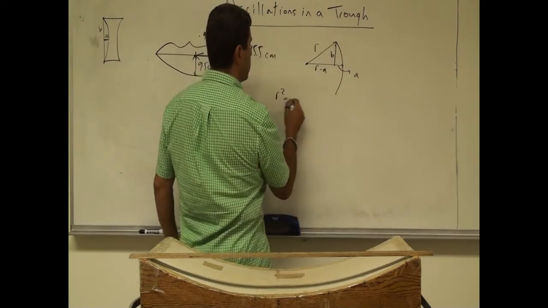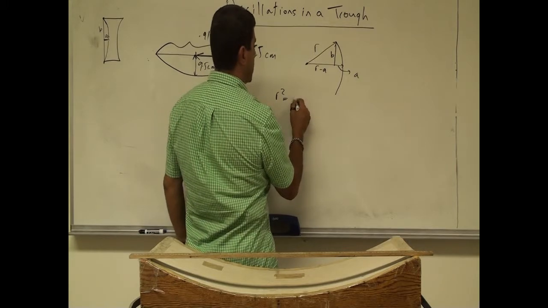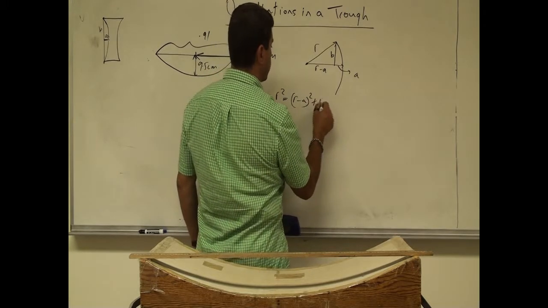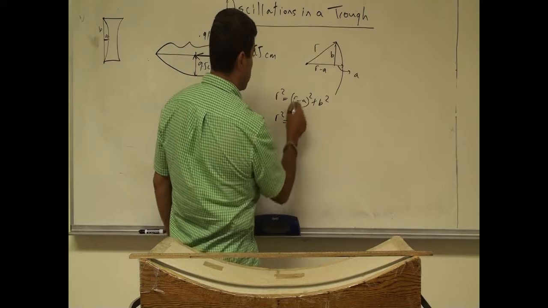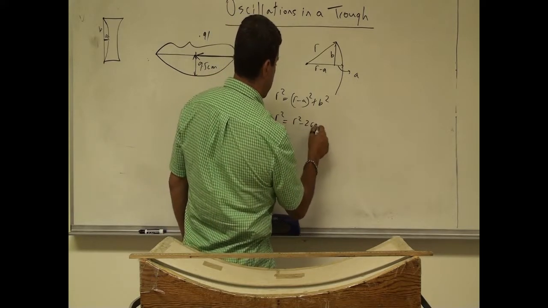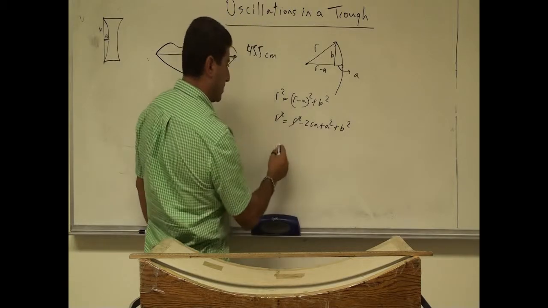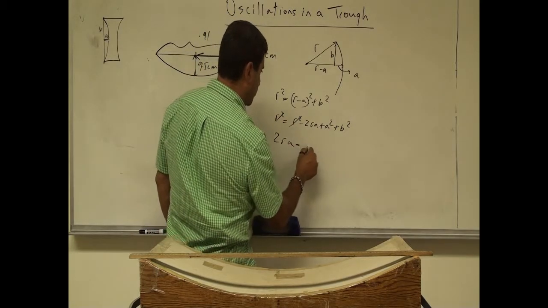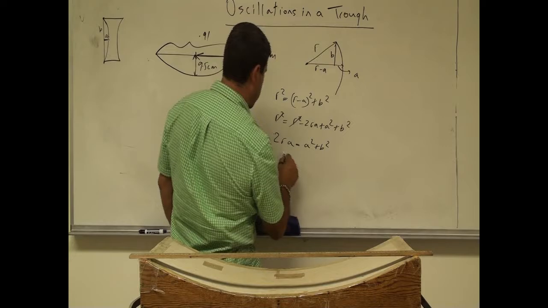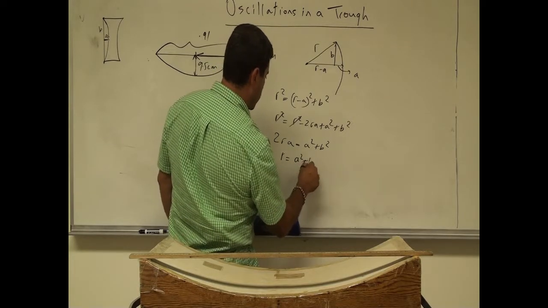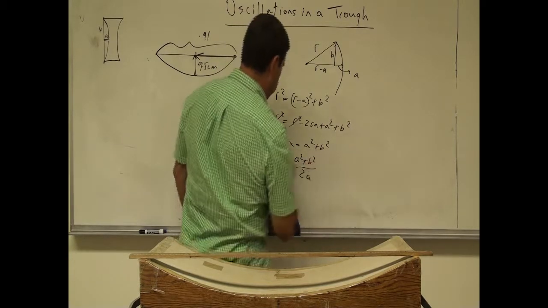So we have R squared is equal to (R minus A) quantity squared plus B squared. Okay, so then I'm going to square this: R squared minus 2RA plus A squared plus B squared, and then the R squared cancel, and then 2RA is equal to A squared plus B squared, and then R is equal to (A squared plus B squared) over 2A.